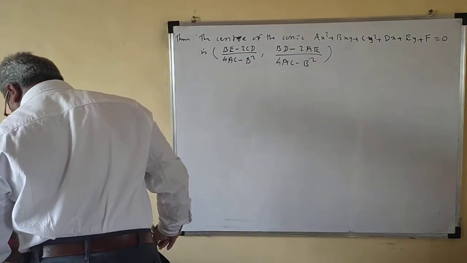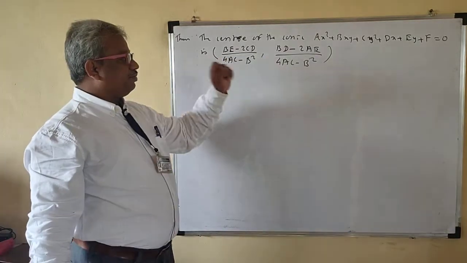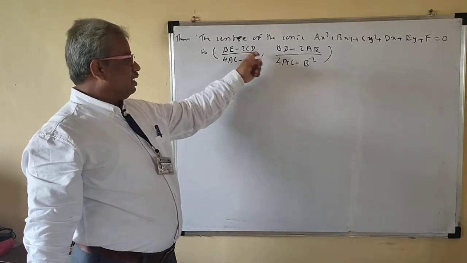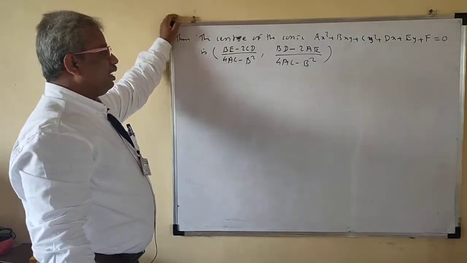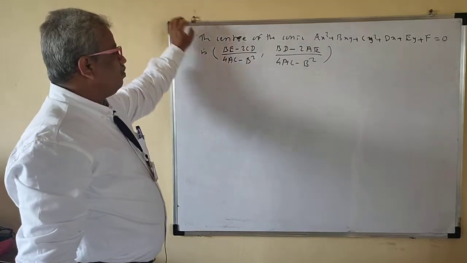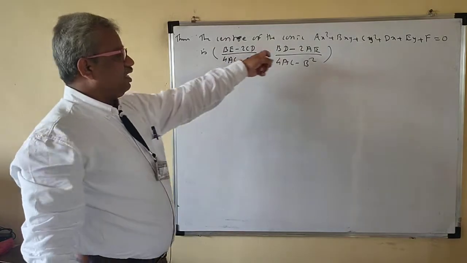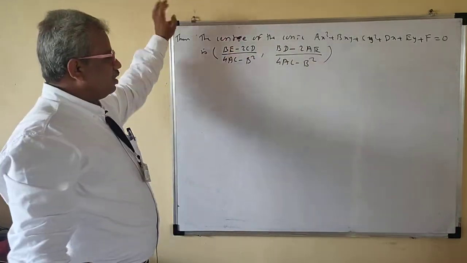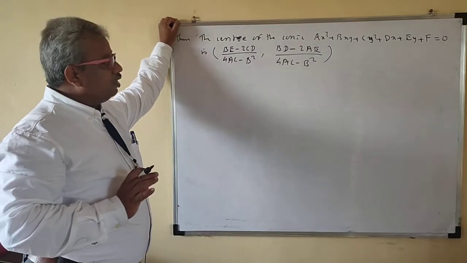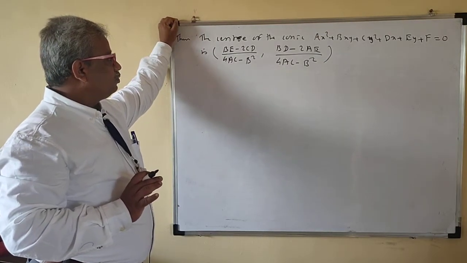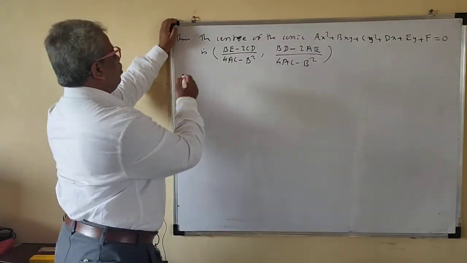The denominators are the same. So remember this: 4ac minus b square is common to all. Okay. Solution.